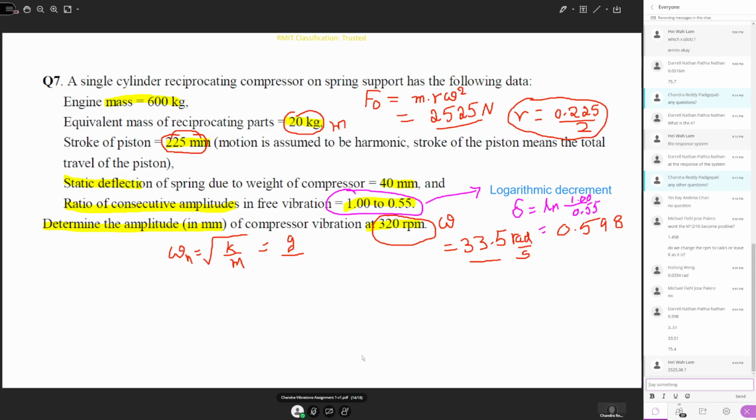G is the acceleration due to gravity, and delta is the static deflection, which is given as 40 mm, converted into meters. So the natural frequency will be the square root of 9.81 over 0.04.